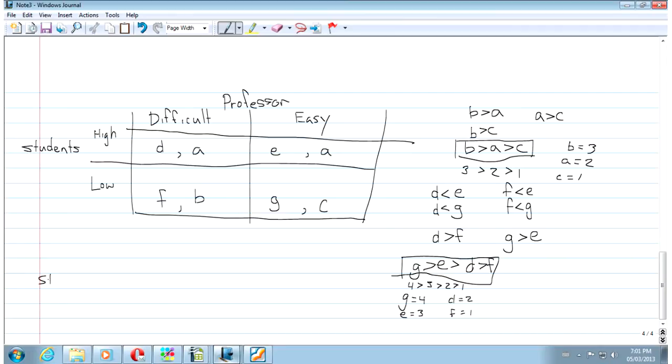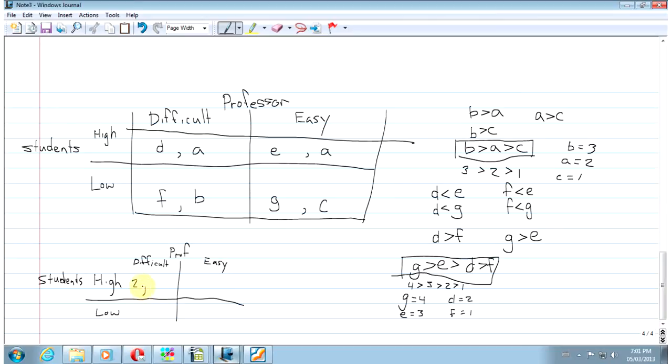Okay, so I'm going to go through and redo this payoff matrix with these numbers that I've assigned, and then I'll show you how to do a Nash equilibrium, hopefully in a somewhat clear manner. My first payoff is D, and I said that D was equal to 2.